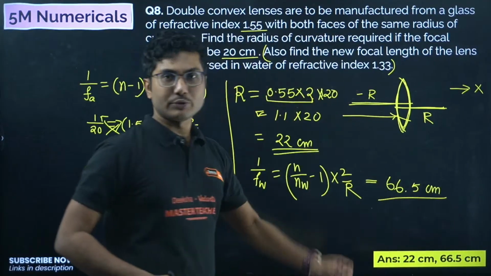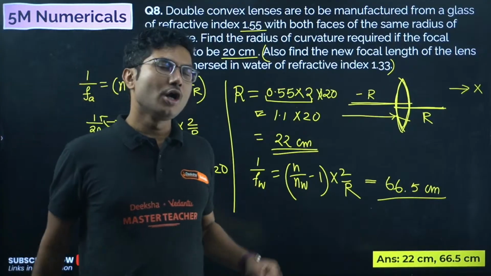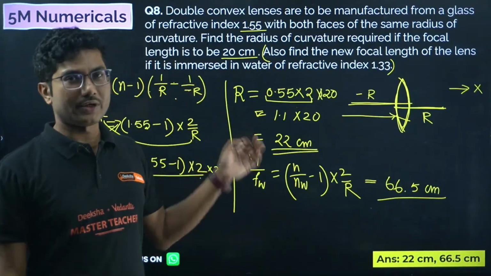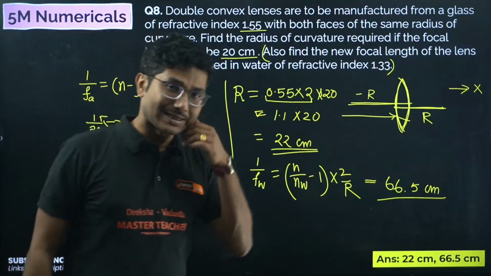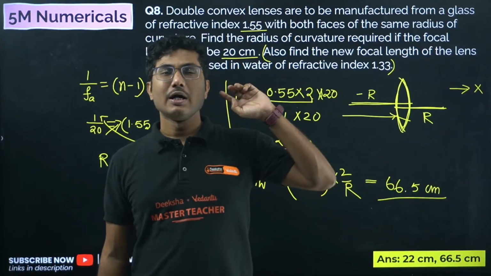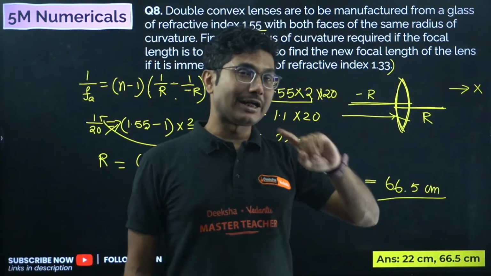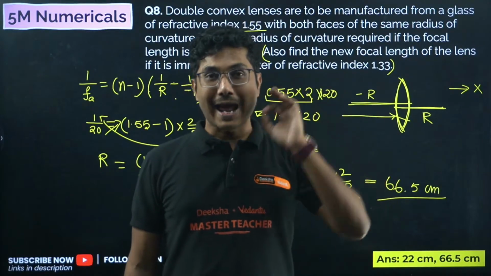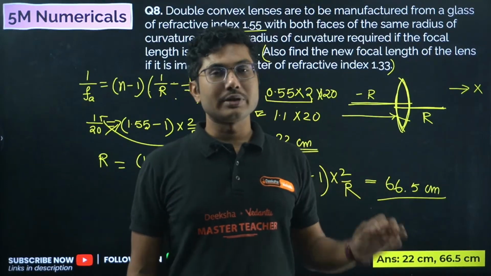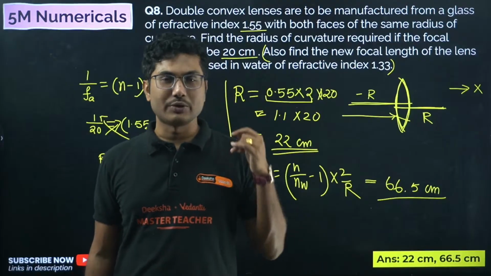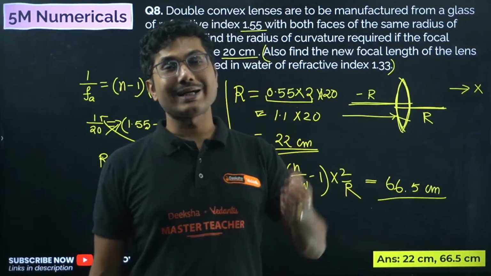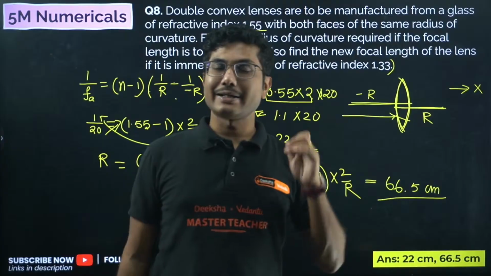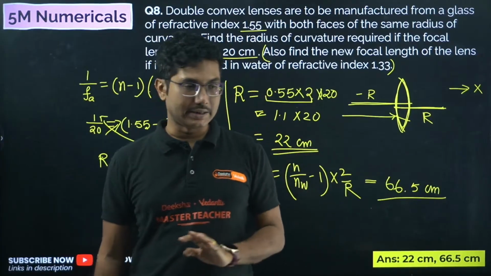KCET basic shortcuts we will be doing, and it is being done throughout our lectures. If you watch any of our lectures, we try to give you as many shortcuts as possible. The only shortcut for KCET which I recommend is to learn how to calculate without using a calculator. If you learn how to calculate without a calculator, and do it fast, that is the best shortcut for KCET.